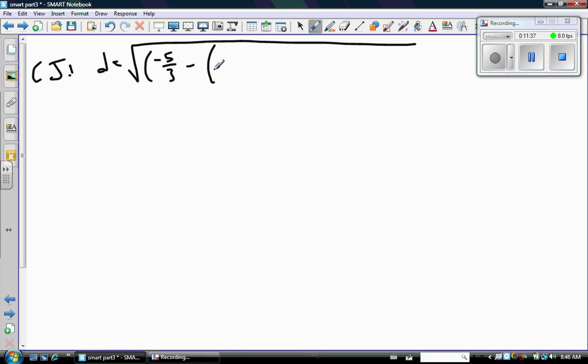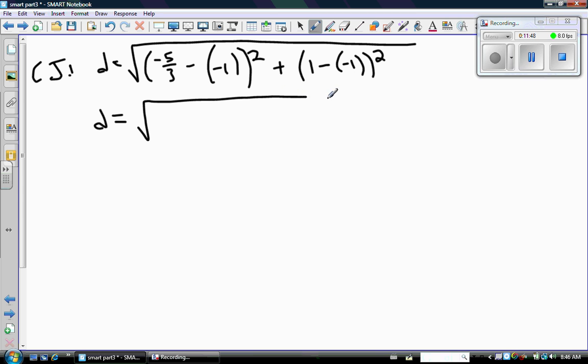So x2 minus x1 squared plus y2 minus y1 squared. So there's CJ. And again, I'm just going to do the algebra like before. First bracket, negative 5 over 3 minus a negative is a plus. And 1 has to become something with denominator 3. So that's obviously 3 over 3. Here, 1 minus negative 1 is 1 plus 1, or 2.